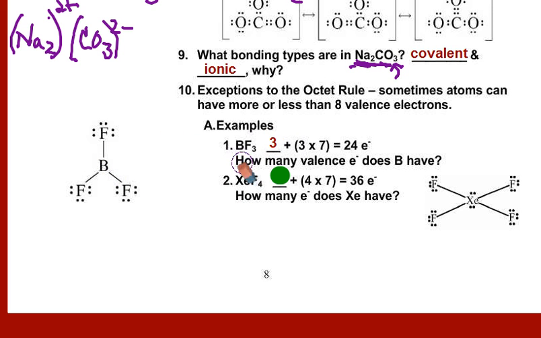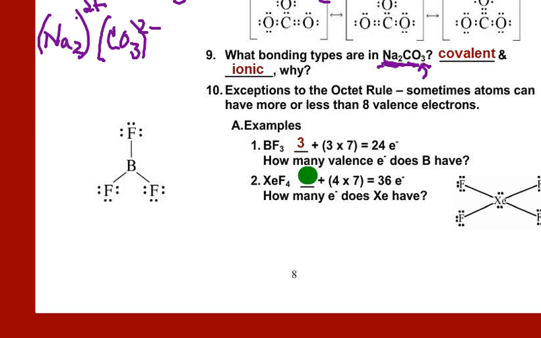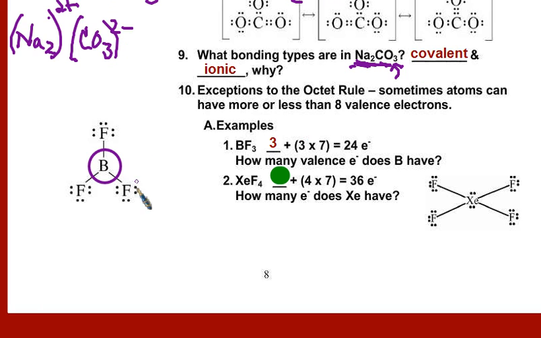So boron is going to have 3 plus 3 times 7 electrons for a total of 24. Instead of having 8 electrons around it, boron is really only going to have 6 electrons around it. But it's forced to be satisfied with that because the fluorine isn't going to share any of its electrons with it.